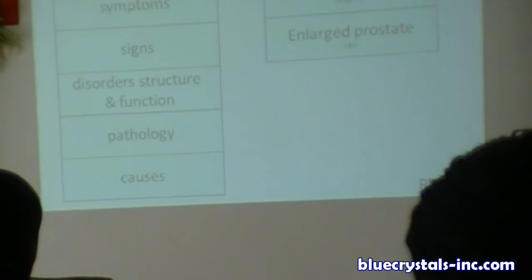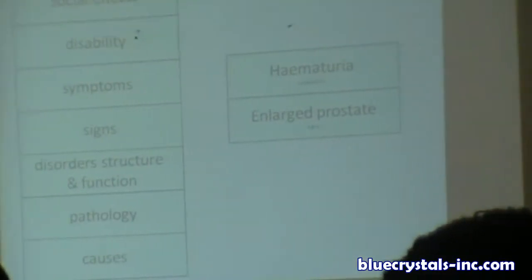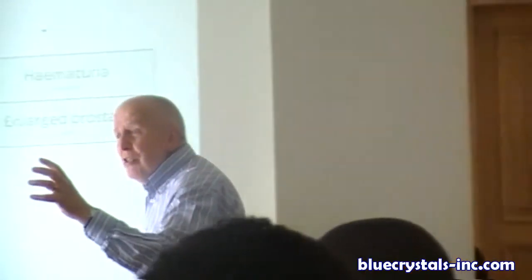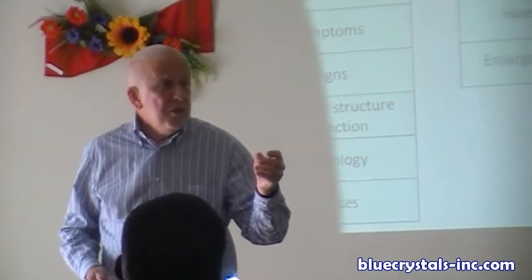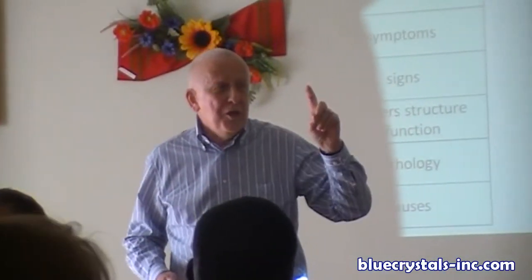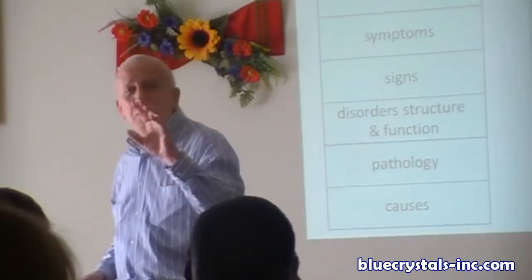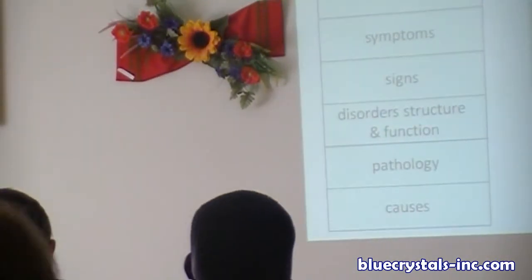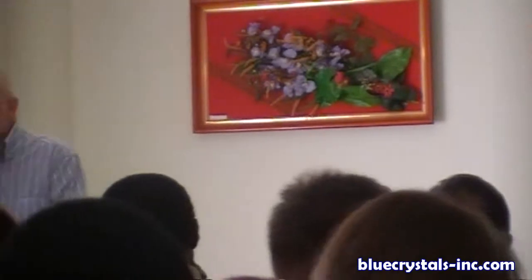Enlarged and maybe tender, and hard is good. Rock hard. And anything else? Irregular. You won't feel redness. Okay. So it will feel irregular, hard, and possibly tender. Maybe some associated prostatitis.